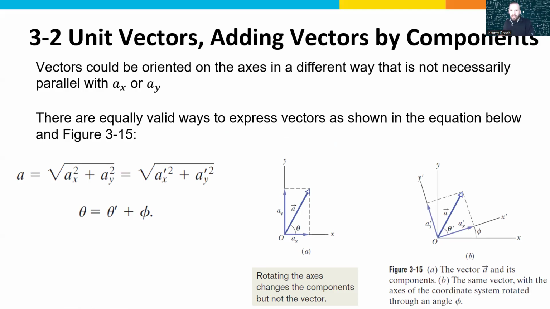Sometimes vectors are expressed in a way that's not parallel with the x component or y component. That's not very common, but it can happen. So sometimes we can shift the x and y axis so that this is now x prime and y prime, and it's shifted.